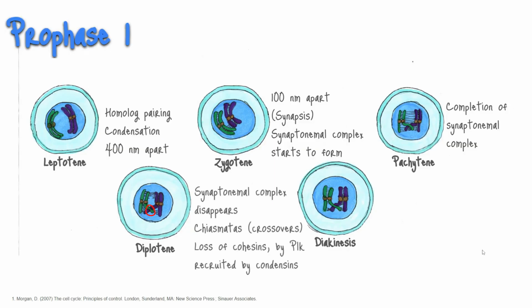The chromosomes become highly condensed in diplotene, and crossovers become apparent as chiasmata, as you can see in the red circle. Crossovers are where homologous chromosomes, not sister chromatids, exchange part of their DNA.